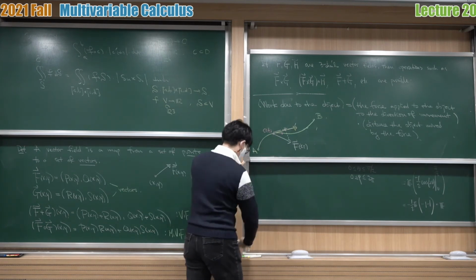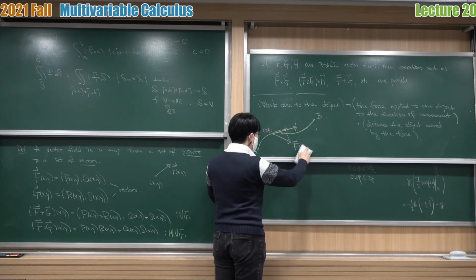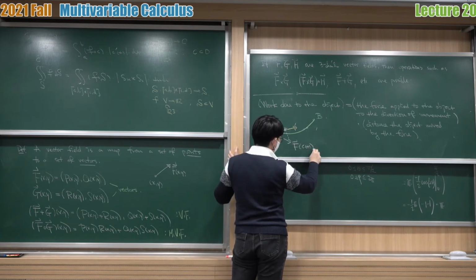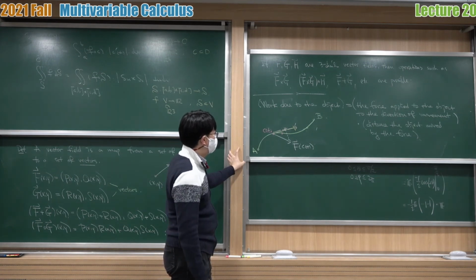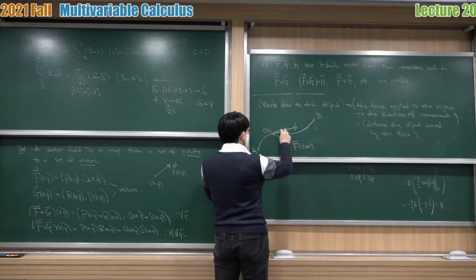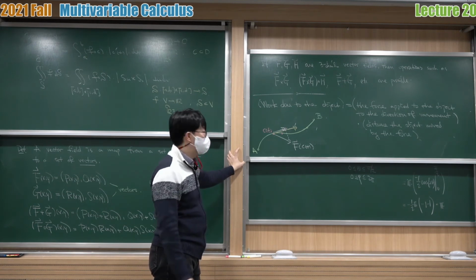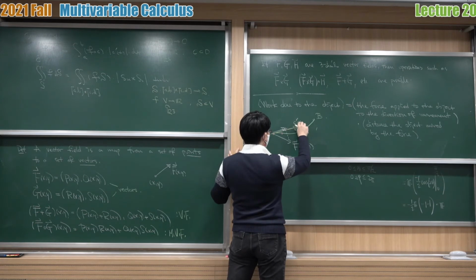Ct here. Okay. So at the time t, I'm at the point Ct, and the point is experiencing the force F(Ct), but this portion of force affects the movement to this direction. So basically this direction is C prime t.